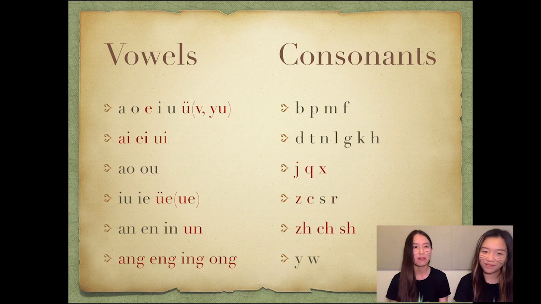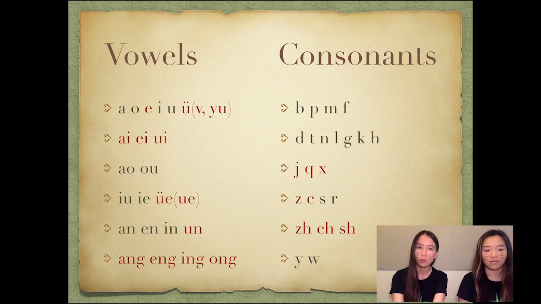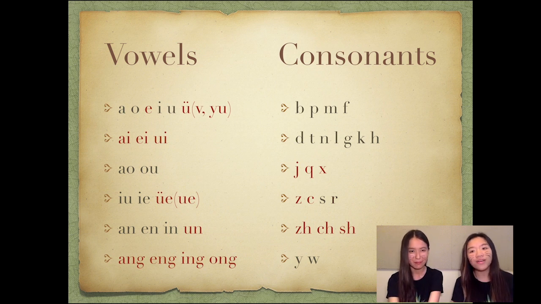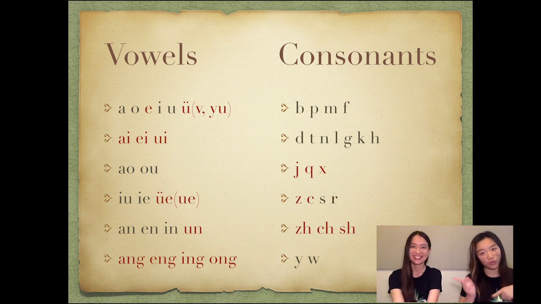For vowels, we have A, O, I, U, Ü, Ye, Yue, Yin, Wen, Ying, Ong. Yep, I can do that. And then there's the consonants that Amber can do.